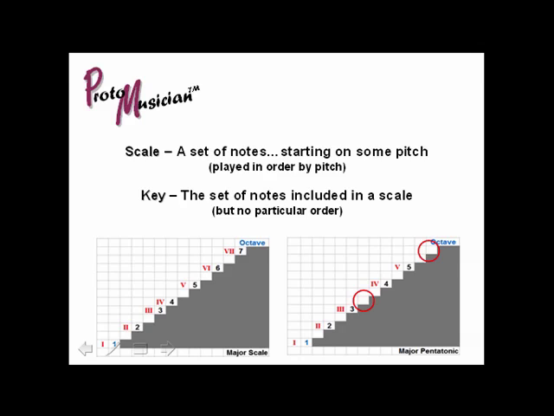The reason is because the major pentatonic scale is simply made from 5 of the 7 notes that are in the major scale. 2 of them are just ignored while playing. It really doesn't matter what you call a key or not. ProtoMusician allows you to start on any note and play notes from any scale in the catalog, period.